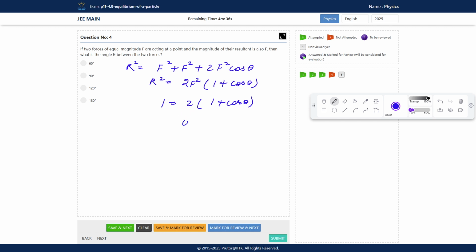So cos theta equal to minus 1 by 2, so theta equal to cos inverse minus 1 by 2, which means theta is equal to 120 degree. Yes, right, 120 degree.